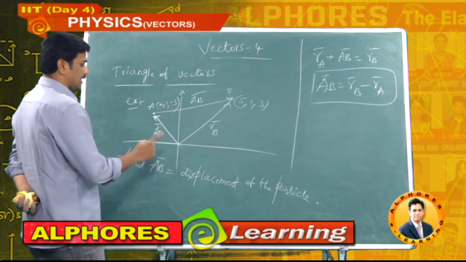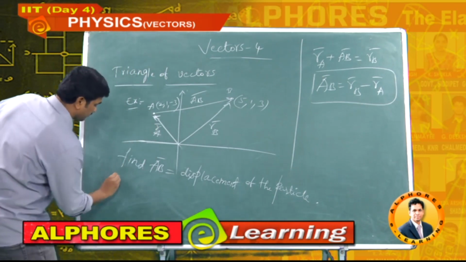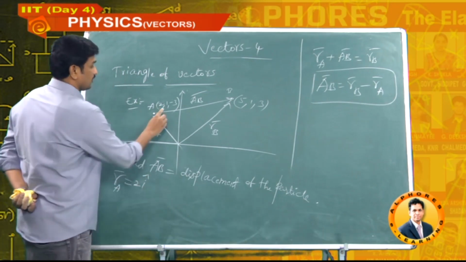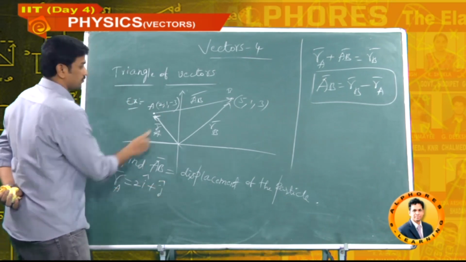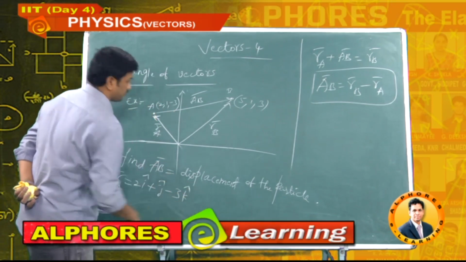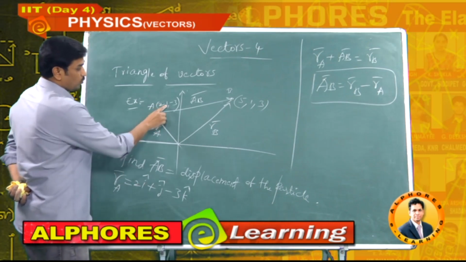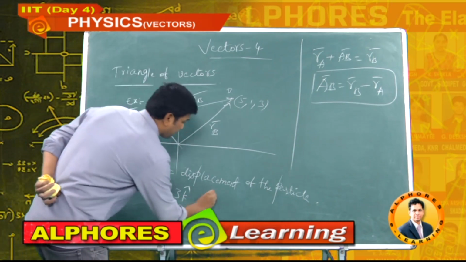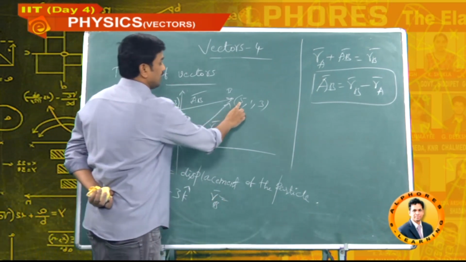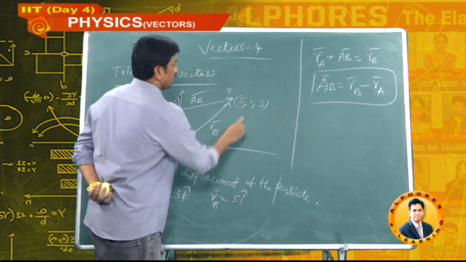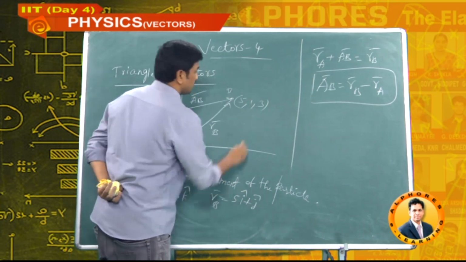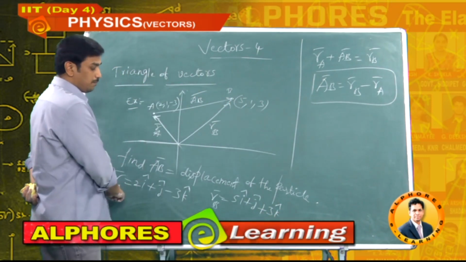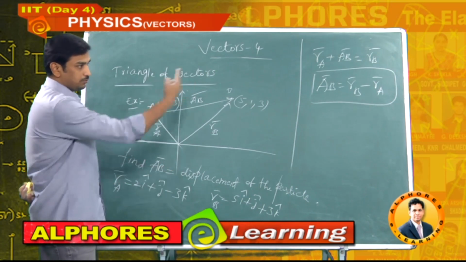Now how to calculate RA bar and RB bar? See, RA bar: 2 along the x axis, 1 along the y axis, minus 3 along the z axis. Now RB bar: 5 along the x axis, 1 along the y axis, 3 along the z axis. Now we know the values of RB bar and RA bar. Can we substitute there? Yes.